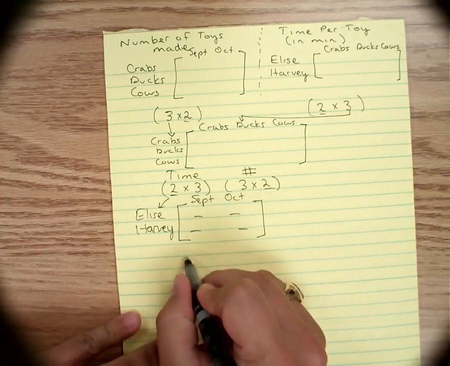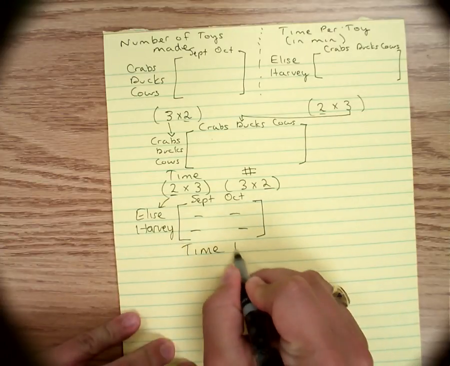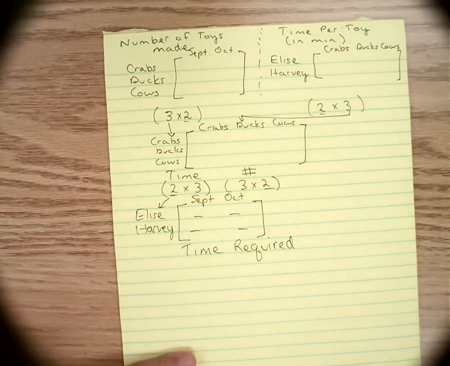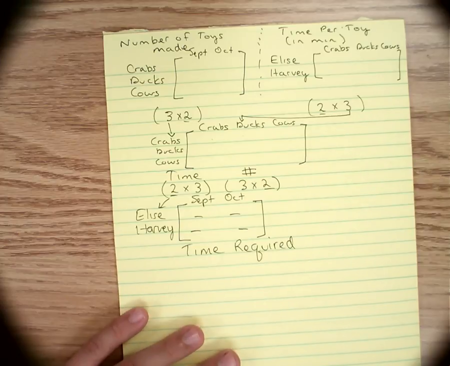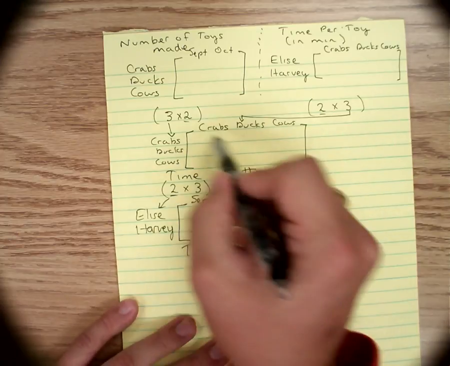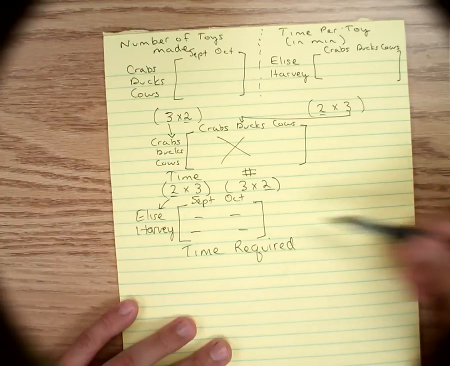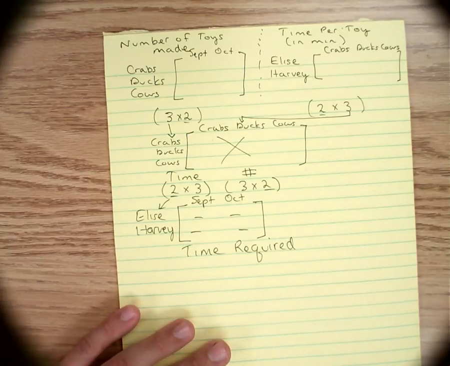So this would be the time required matrix for each month. So while you can get answers for both, the context of this answer does not make sense. The context of this answer does make sense, and it gives you vastly different numbers.